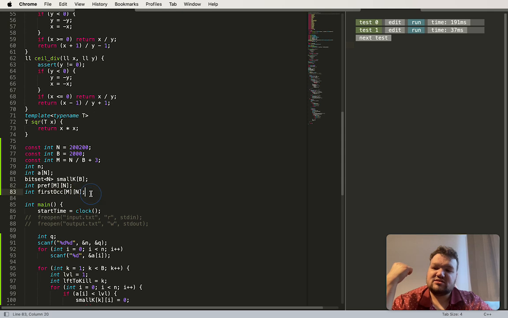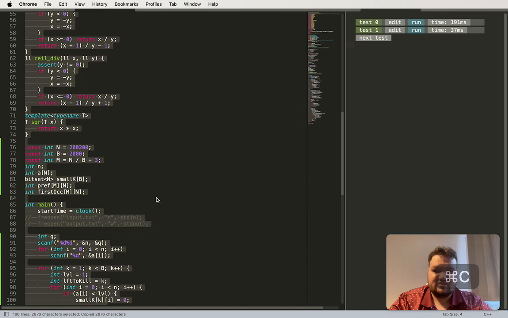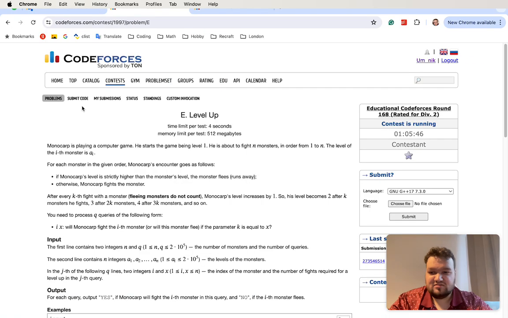And M is like 100, so it's 40 million integers, which is 160 megabytes. So this whole thing should take like 210 megabytes.